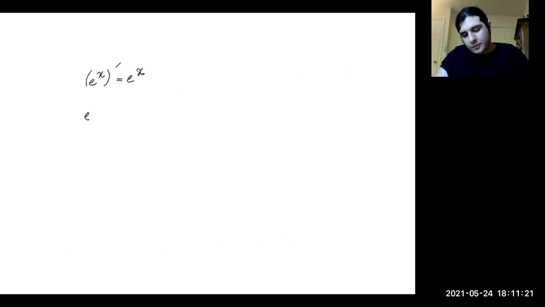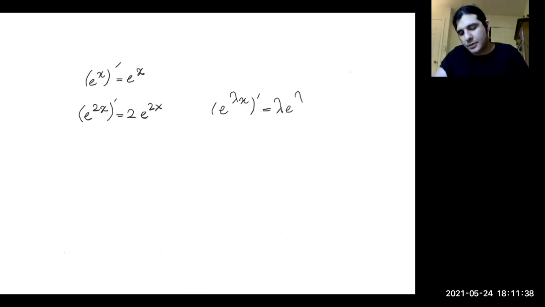But derivative of e to the 2x is actually 2e to the 2x. And more generally, derivative of e to the lambda x for any real lambda is equal to lambda e to the lambda x.